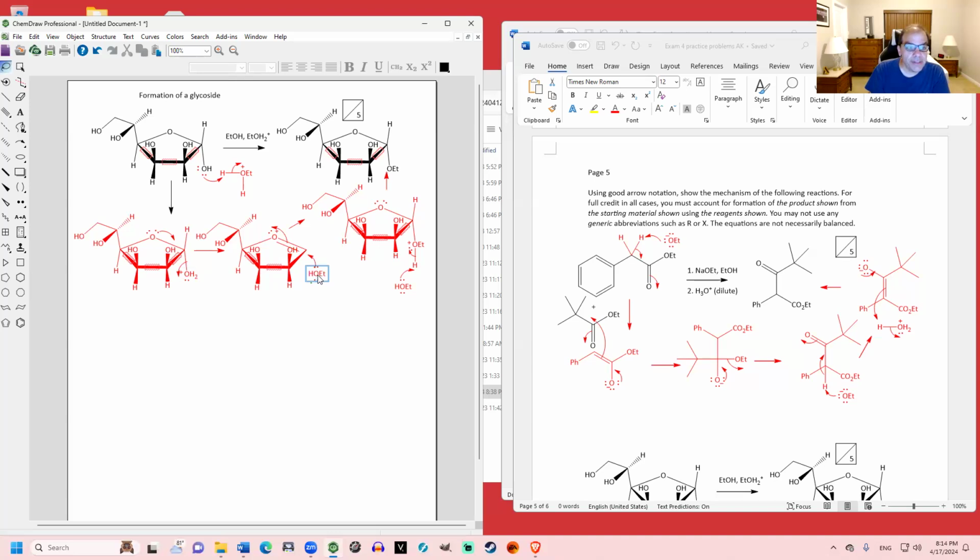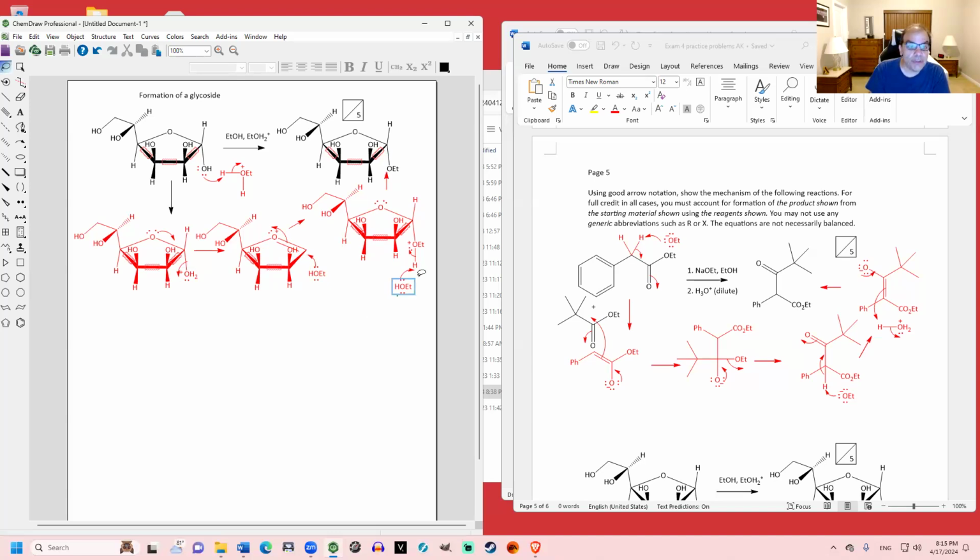And then the alcohol, the ethanol, can attack that new carbon-oxygen double bond either from above or below. In this case, we're showing it happening from below because we see the ethoxy group on the bottom pointing down. So that means attack of the ethanol happens from below, like shown here.